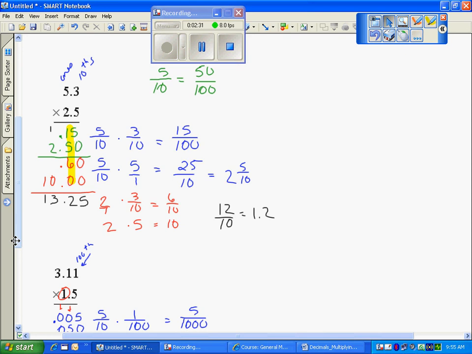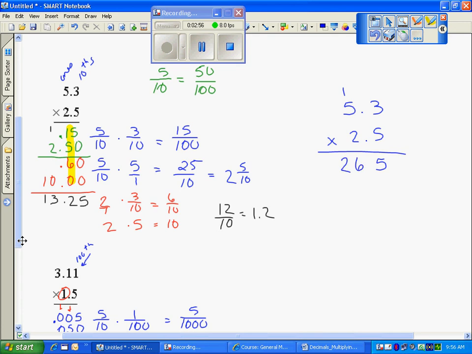5 and 3/10 times 2 and 5/10. Ignoring place value again, 5 times 3 is 15. Regroup the 1 from the 15. 5 times 5 is 25, and 1 more is 26.